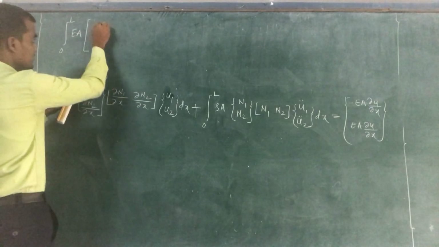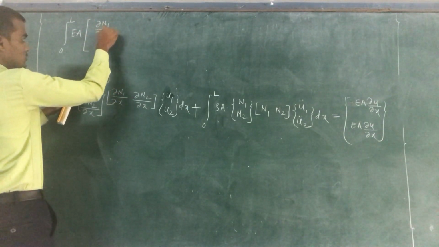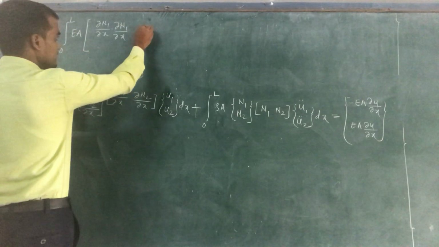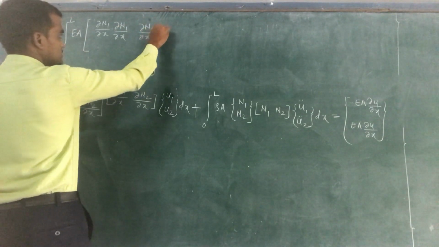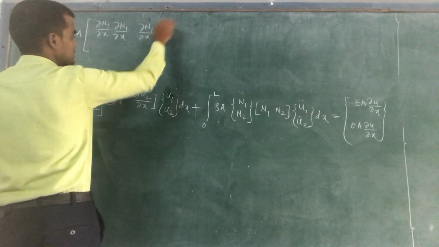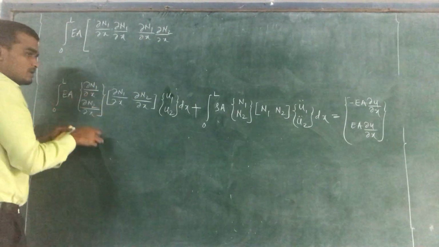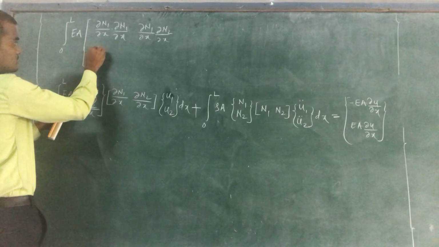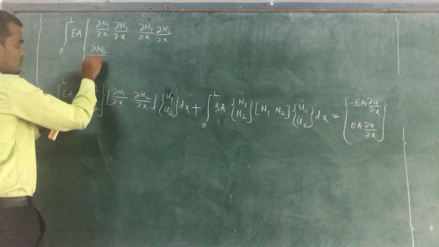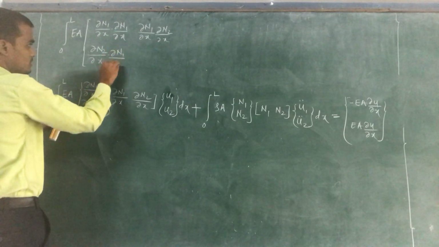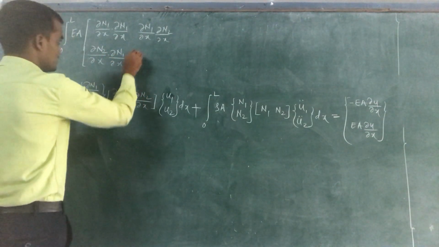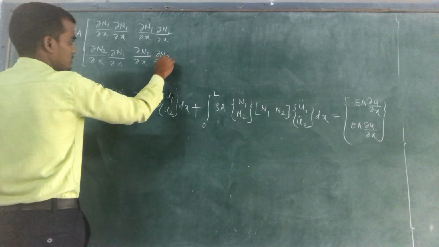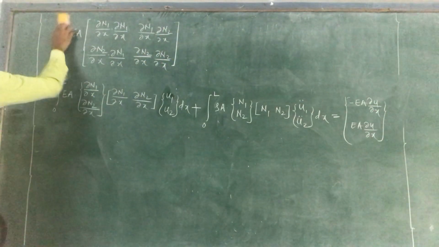This row into the second column gives ∂N1/∂x into ∂N2/∂x. The second row into the first column gives ∂N2/∂x into ∂N1/∂x. And the second row into the second column gives ∂N2/∂x into ∂N2/∂x.